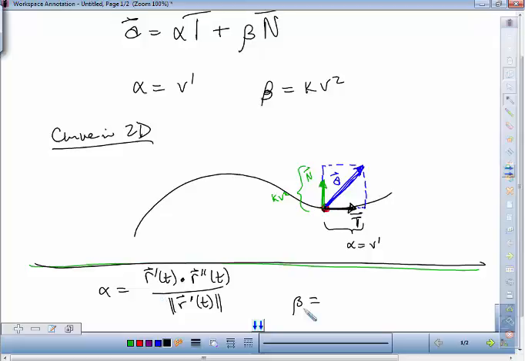And then beta, on the other hand, is going to be a semi-complicated cross product, but I hope we're getting used to that. We have r prime of t cross with r double prime of t. So I think there's remnants of the curvature here, right? Divided by the magnitude of r prime of t.